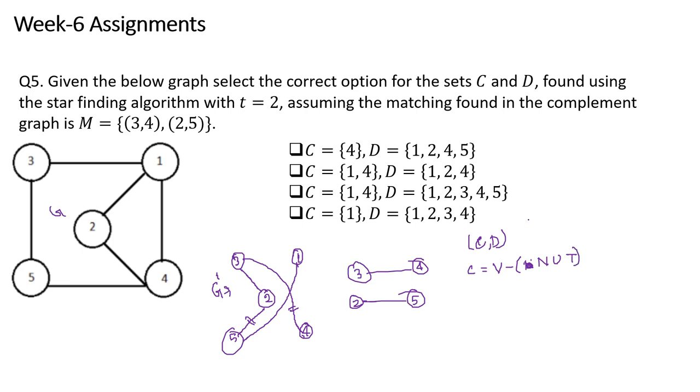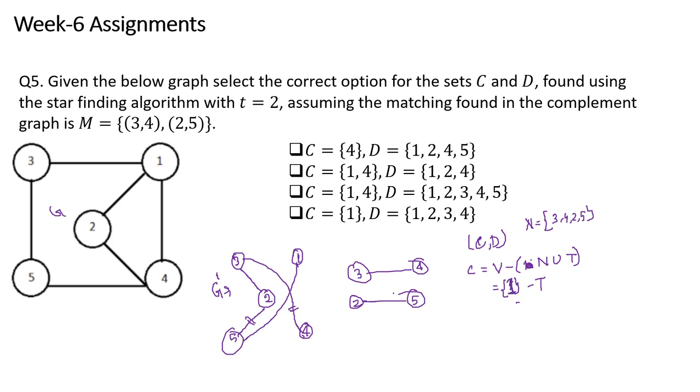Now matched nodes are here, of course 3, 4, 2, 5. So V minus n becomes 1, and we will again subtract the set of triangle heads from here.